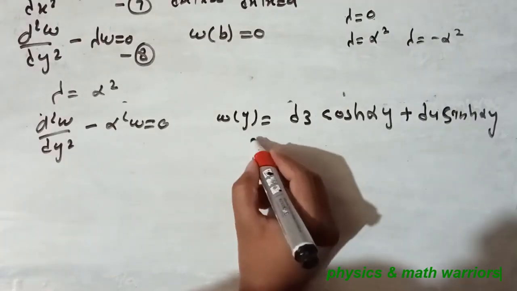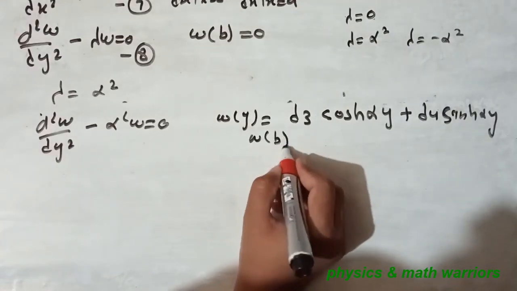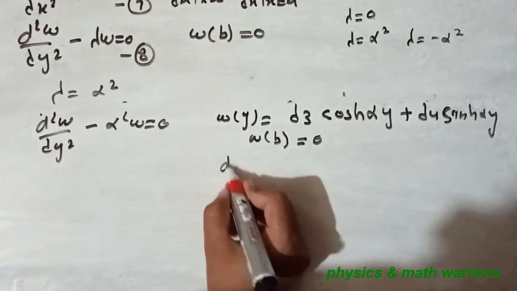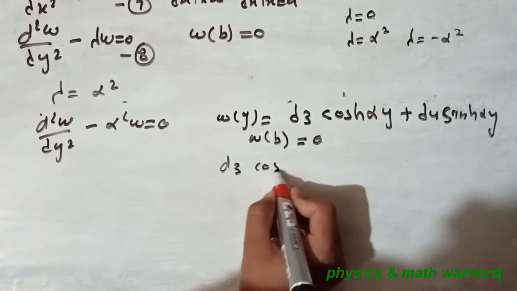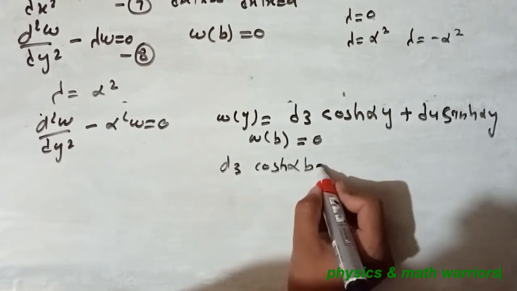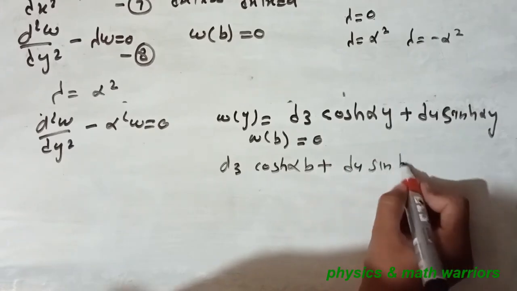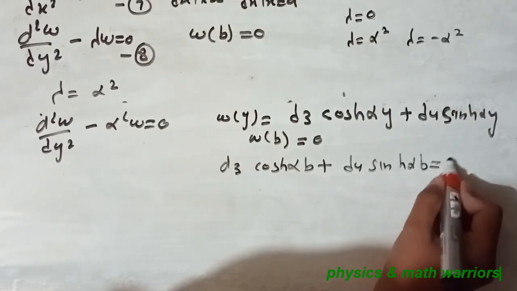Now we'll use the boundary condition, which is omega of b is equal to 0. Means d3 cos hyperbolic alpha b plus d4 sine hyperbolic alpha b is equal to 0.